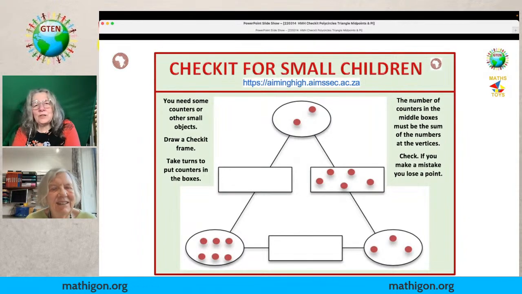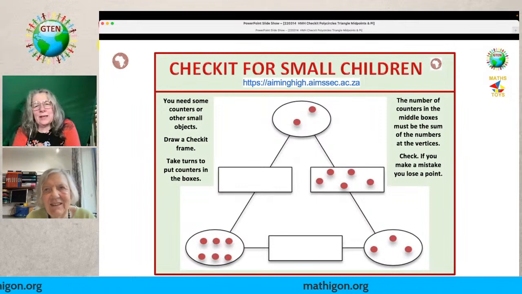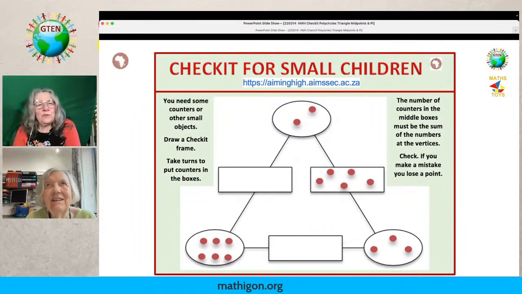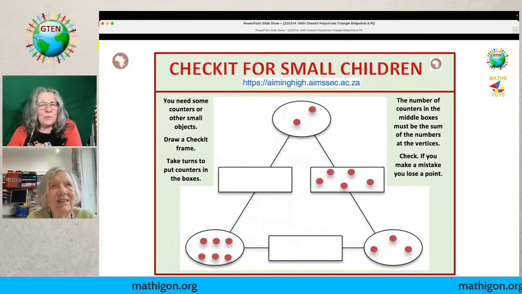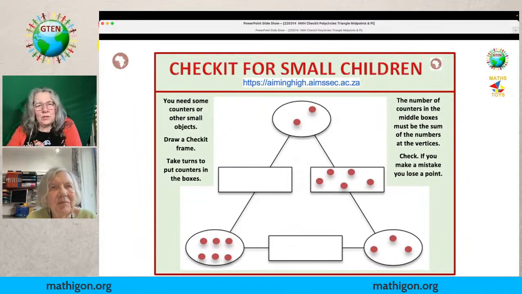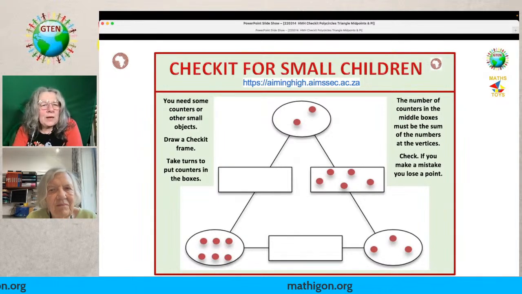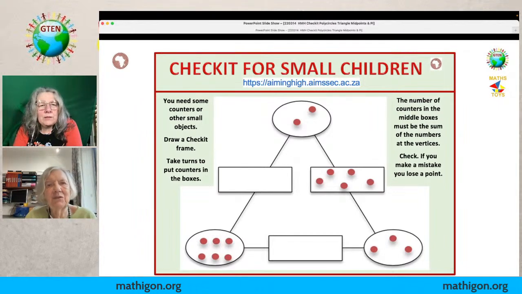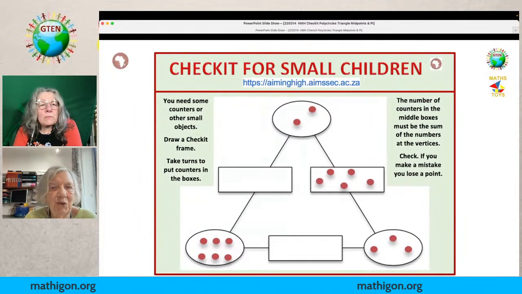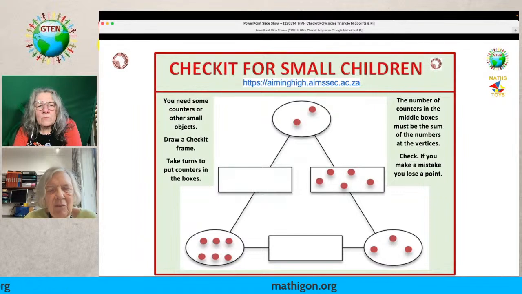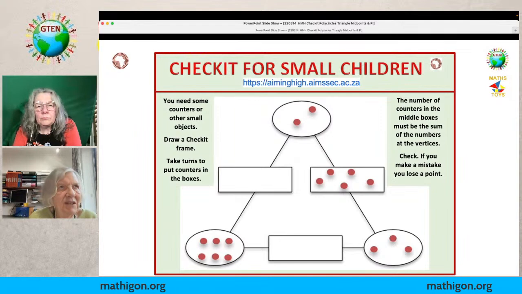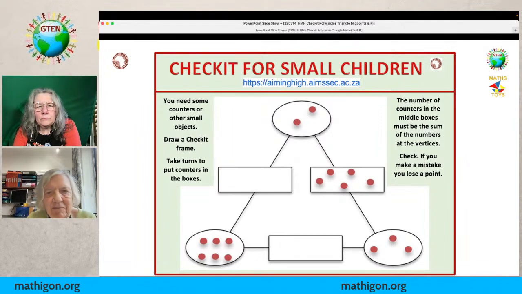Yes, because it's content free, you can use any content within it to play the game, in any mathematical version. Yes, and this version is for really small children. You can play this even before they can write down the numbers, the digits.